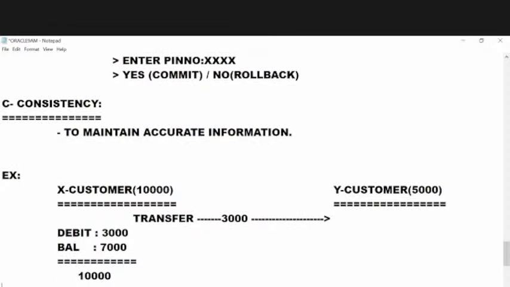What was his balance? 10,000. Debit amount, balance amount, total. Satisfied? Yes. And for Y customer, it is credit. How much credit? What is the balance amount? What is the total amount?